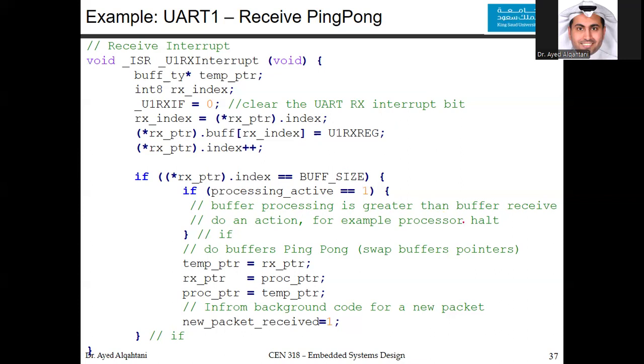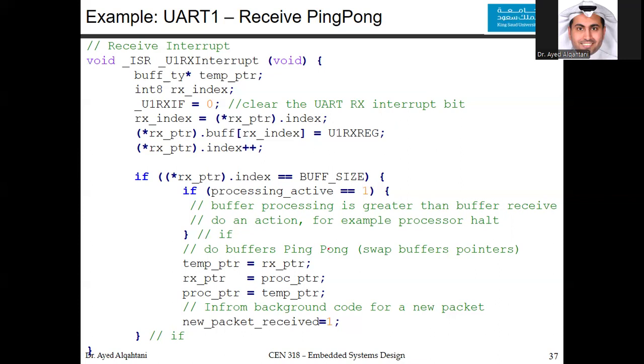For example, you halt the processor, you wait a little bit of time, you say that it's failing and you need to work something out. Now, if not, meaning the processing active is equal to 0, you can initiate a new processing.